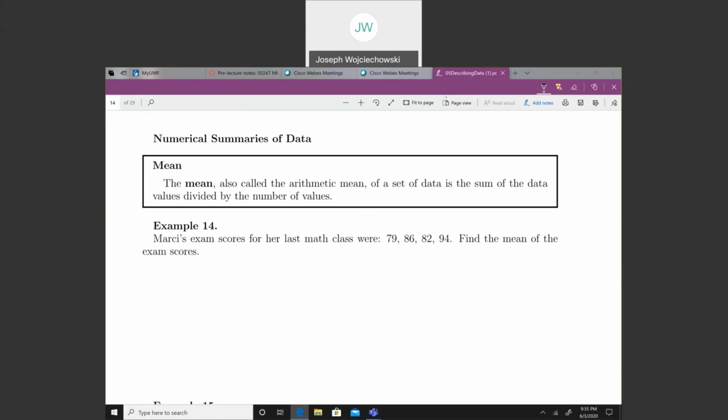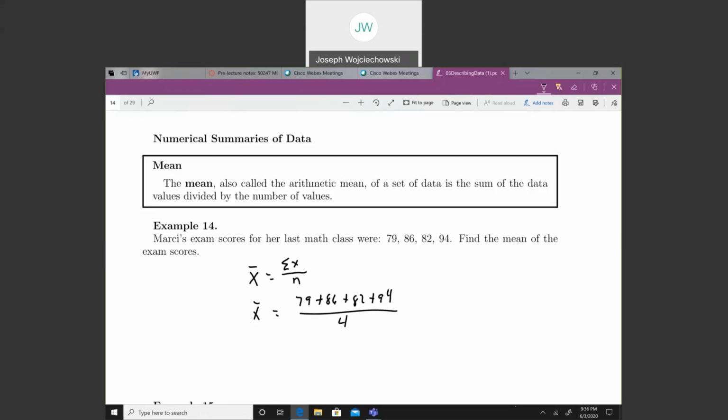Now, the mean of a sample is x with a bar over it. In other words, x bar. This equals the sum of all the values, which are x's, over n, which is the number of values. So essentially, I'm looking at x bar equals (79 + 86 + 82 + 94) over 4.